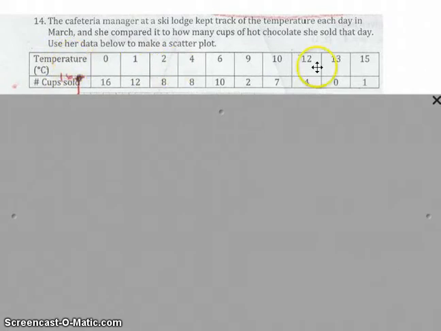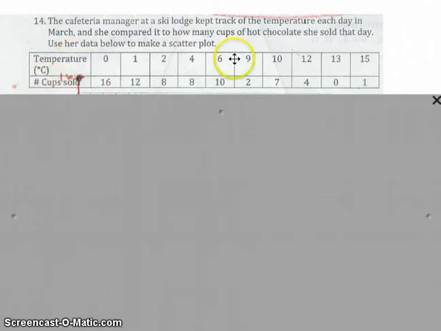The x is usually going to be the one that causes the change in the other collection of numbers. So in this case, it makes more sense that the number of cups that are sold changes, and that change is caused by the change in temperature. It's probably not the other way around. It's probably not that the temperature of the air changes because of how many cups of hot chocolate I sell.